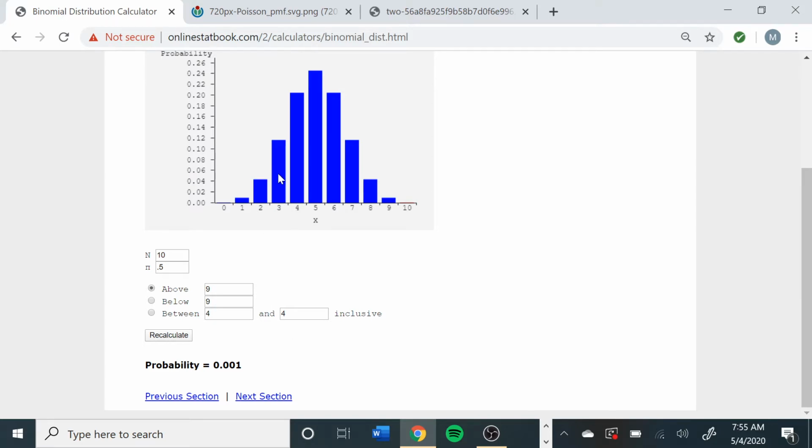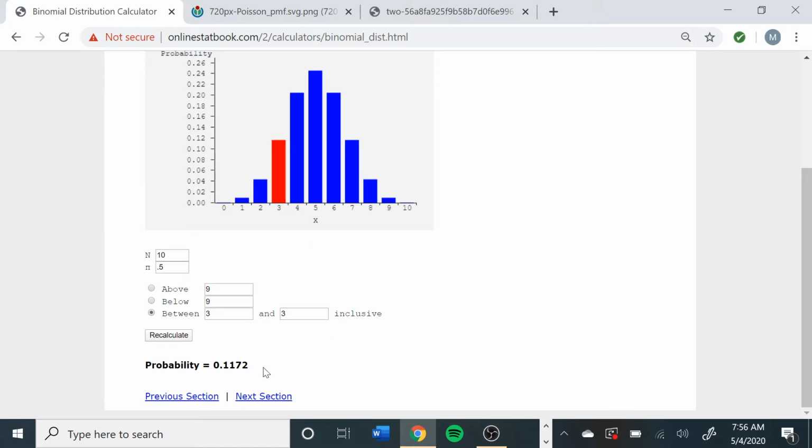So to get just the probability of getting 3 heads, we would select this button here, between, and you enter a 3 and a 3 at the other end because it's inclusive. You see that? Now if you look at the graph, you'll notice that just the 3 is shaded in.